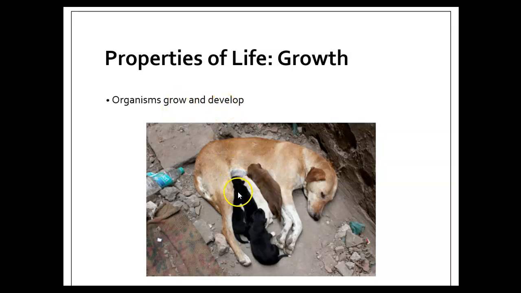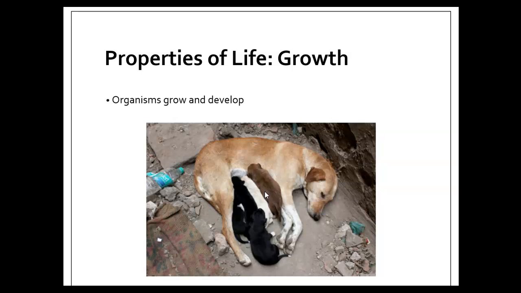Now, we're using the same picture for the property of growth and development. Growth means to get larger, so these puppies are going to get probably about the same size as their mother. That's growth. But development, they developed from a single cell called a zygote into an embryo, into a fetus. Then they were born. Now we call them puppies.